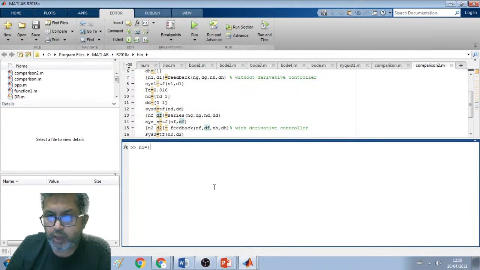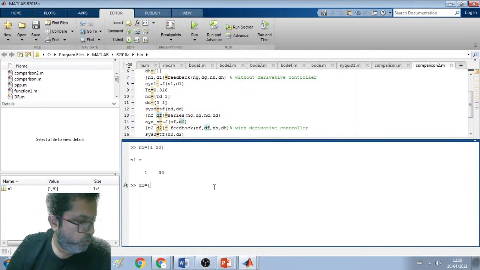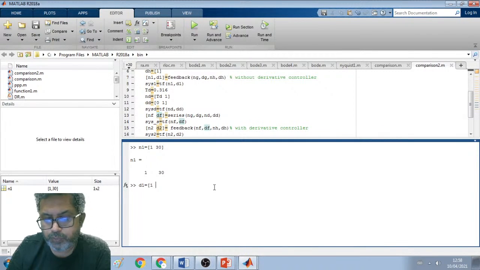N1 is equal to 1 30. D1 is equal to 1 8 15.